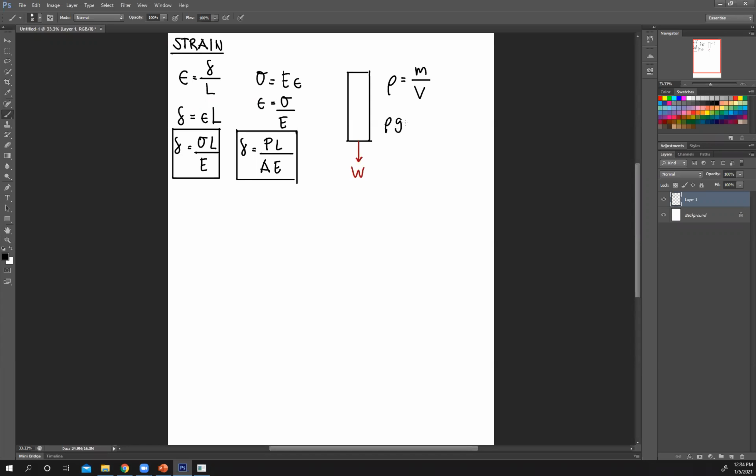You get rho g equals mg over volume. mg is just weight, so rho g equals weight over volume. So now you have unit weight, which is weight over volume. Next, I can say the equation for weight here is just rho g V.